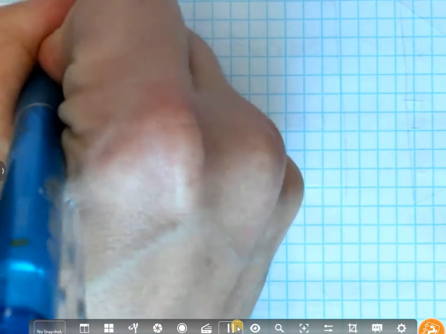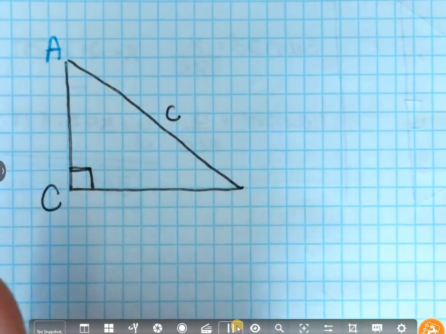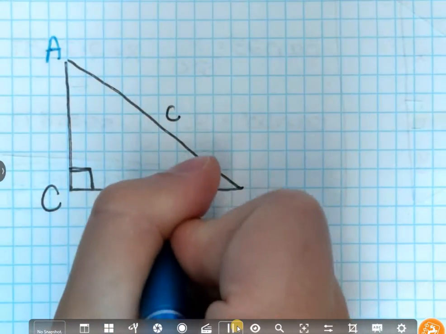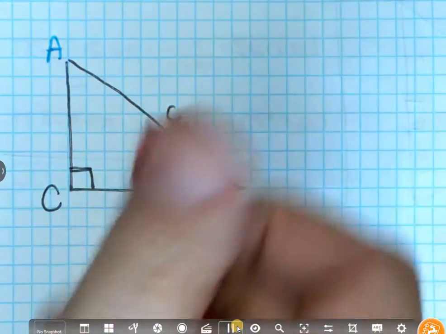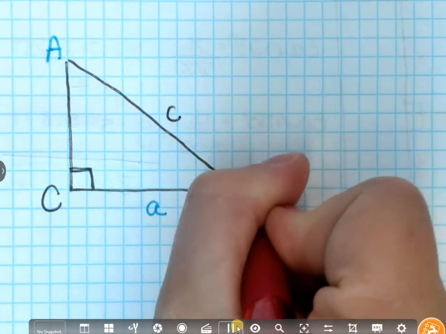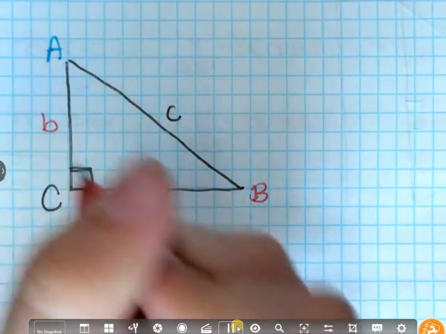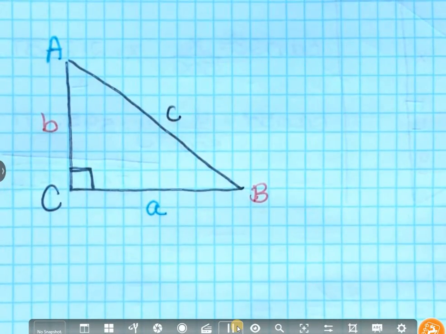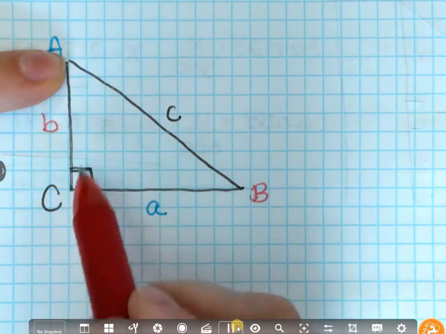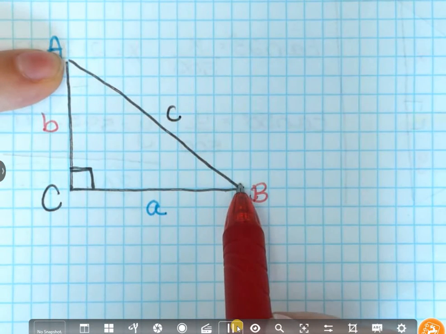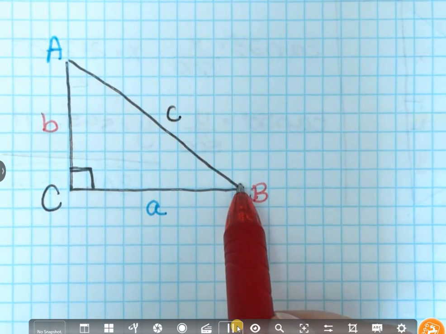So if I put A here, opposite that is side A. If I put angle B here, opposite that is side B. And so when you solve a triangle, what's true about all 3 angles in a triangle? All add up to, one more time, 180.